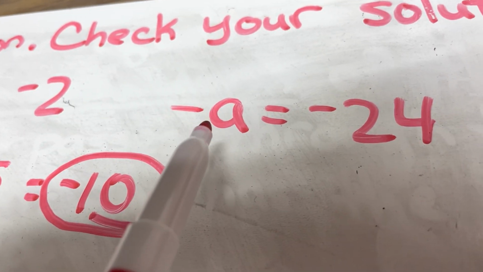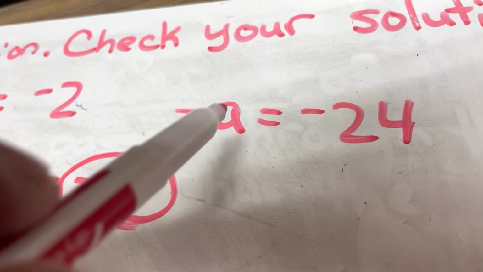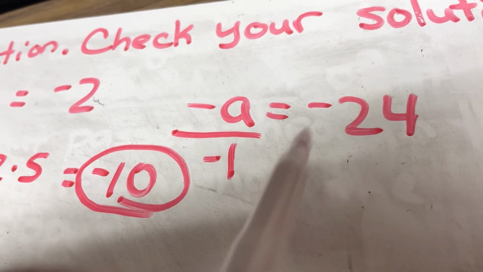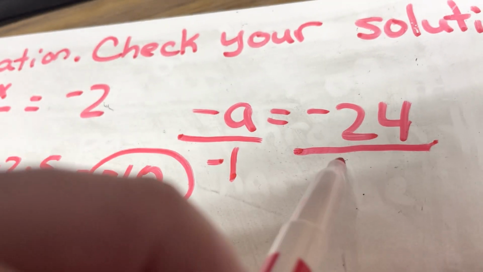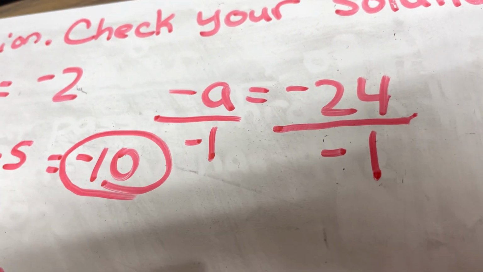All right, moving right along to the third one, -a equals -24. Well, there's no number in front of the a, so I know that's a 1, which means I'm dividing everything by -1. I'm going to take the -24 and also divide that by -1 because I'm trying to isolate a.